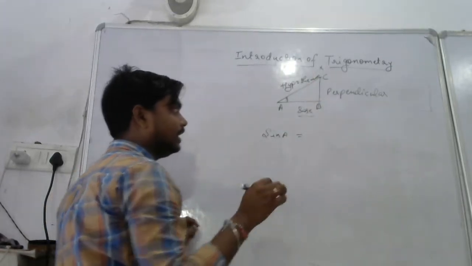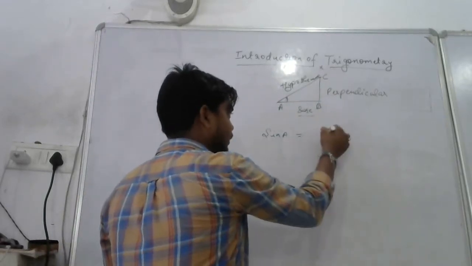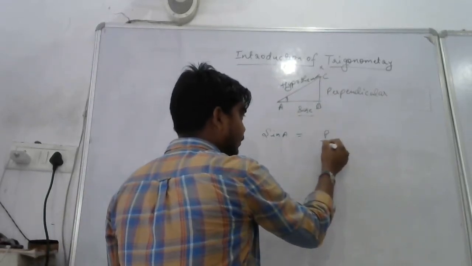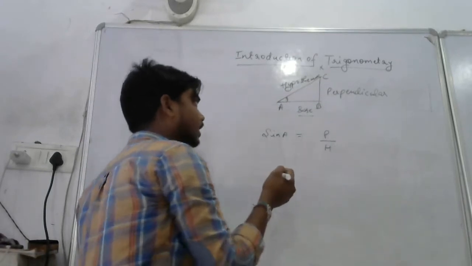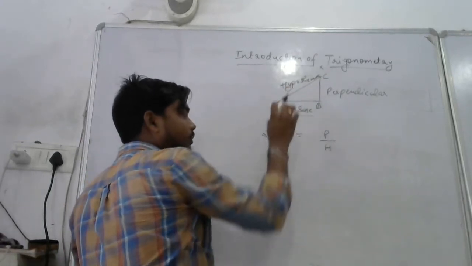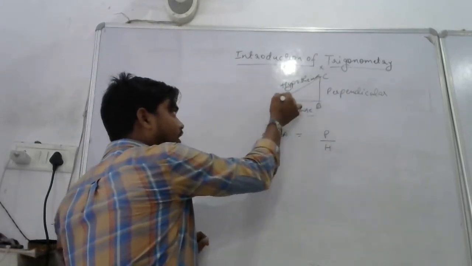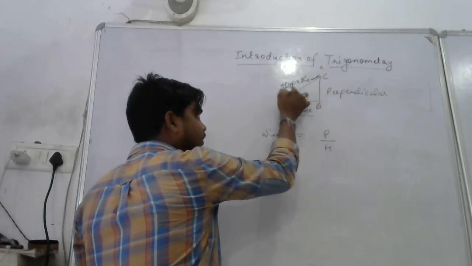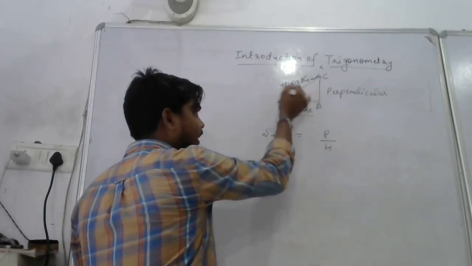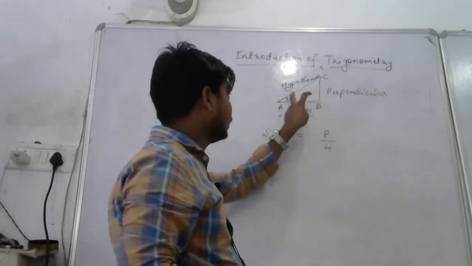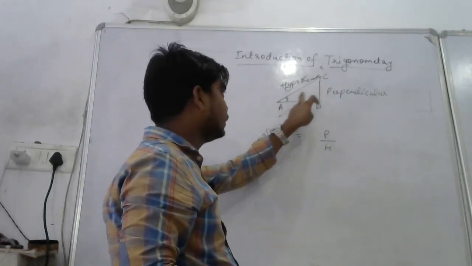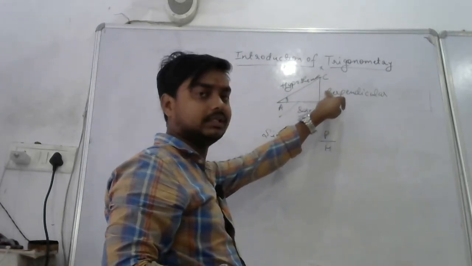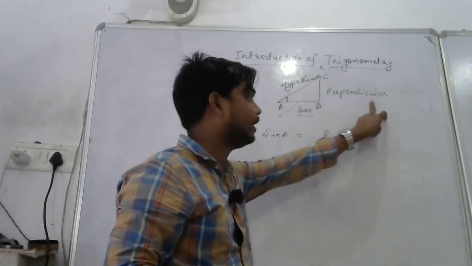We know that sine A is perpendicular upon hypotenuse. This is the formula for sine A. For angle A, the opposite side we call the perpendicular.